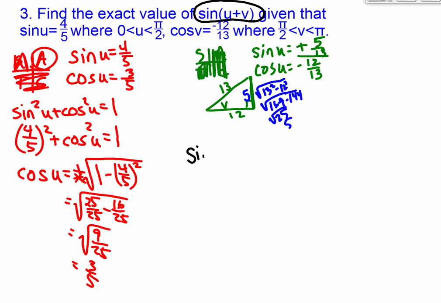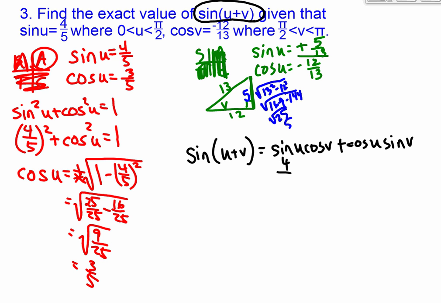So in this case, we're given the sine of u plus v. And so that is sine u cosine v plus cosine u sine v. Sorry, my C didn't turn out very well. And so then that should be 4/5 times the cosine. Oh, here's another mistake I did.